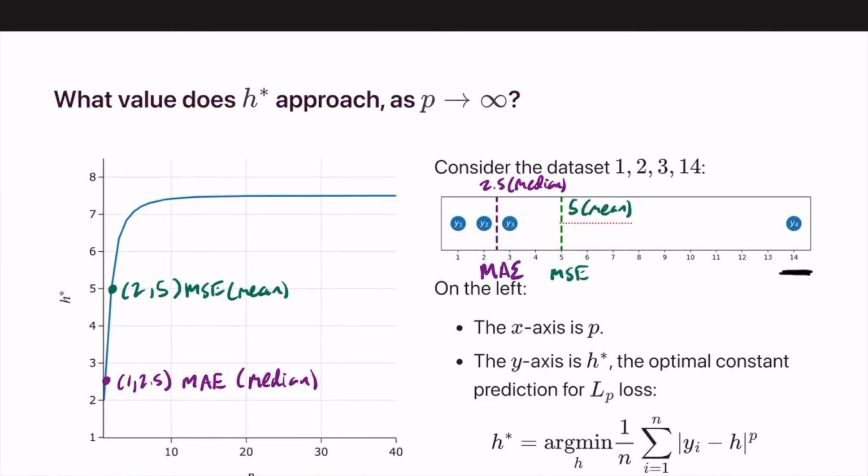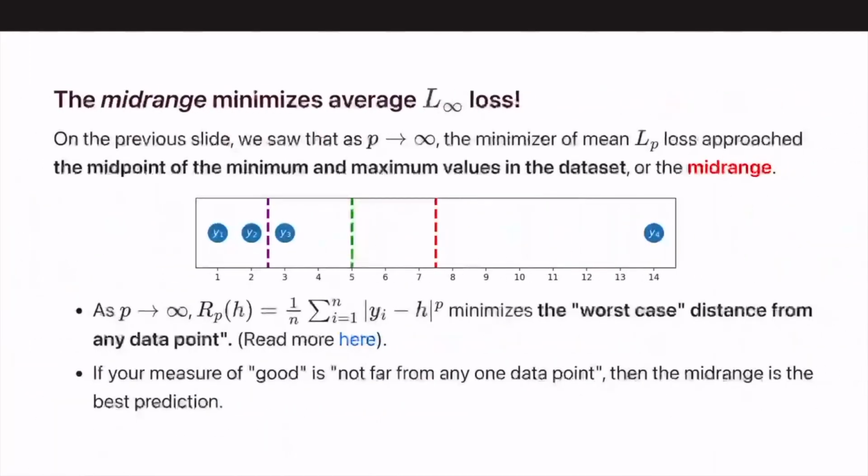So another way you can phrase it is that technically the mid-range minimizes infinity loss. That's what we can call this.